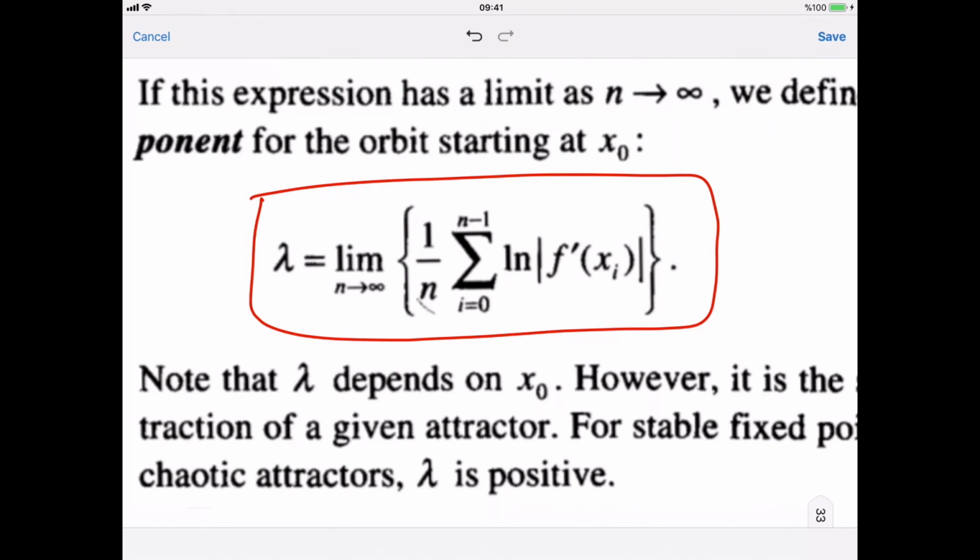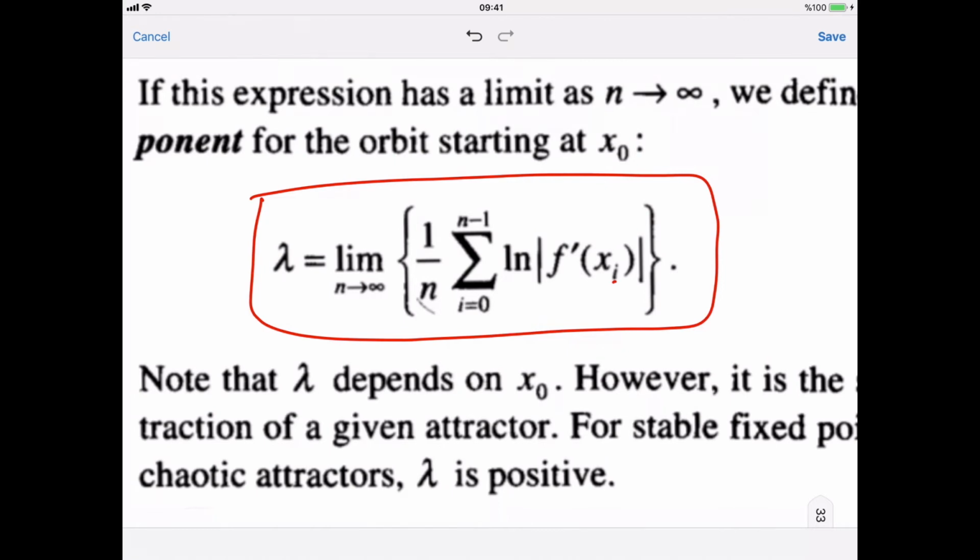So basically, to find the Liapunov exponent, you need to take the iterations, right? You have x0, x1, x2, and then evaluate the derivative of f at those points, take the absolute value, then take the logarithm, then sum it all, then divide by the total number of iterations. And the more iterations you have, the more you approach the value of lambda at that point.